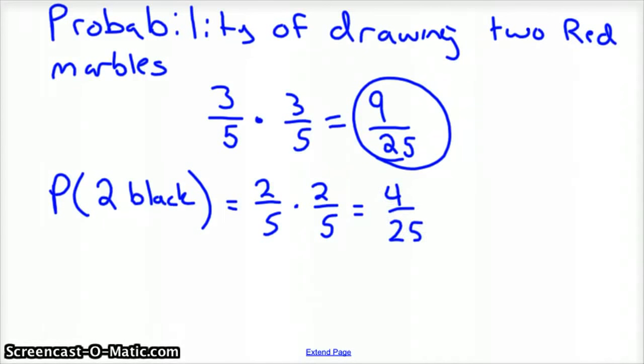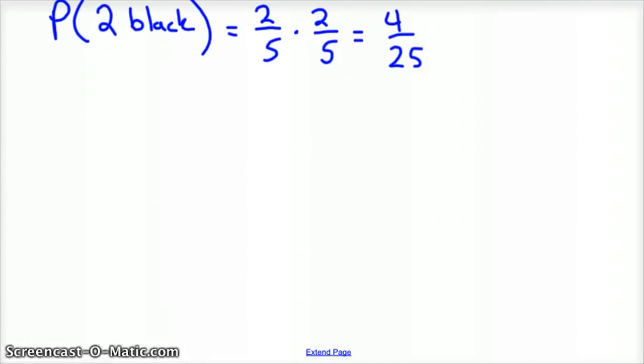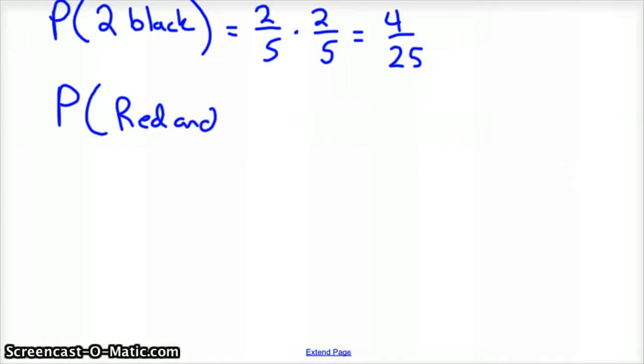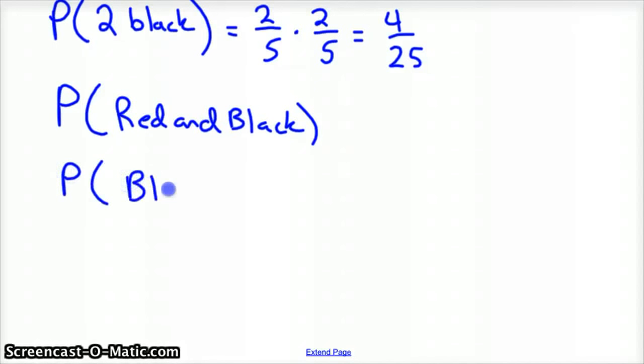We've got 13 of them, so we're still missing 12. Well, you could have the probability of a red and black in that order, or the probability of a black and red in that order.